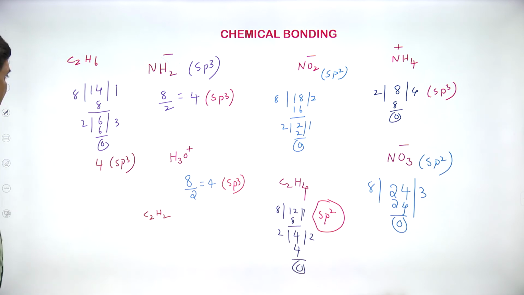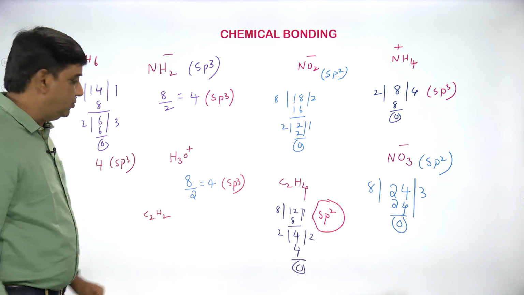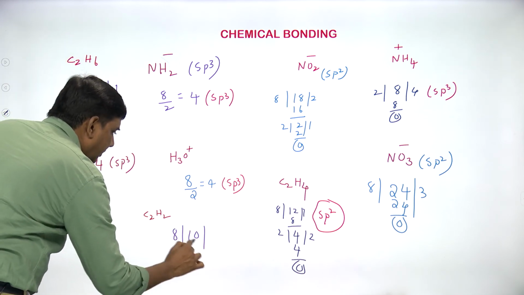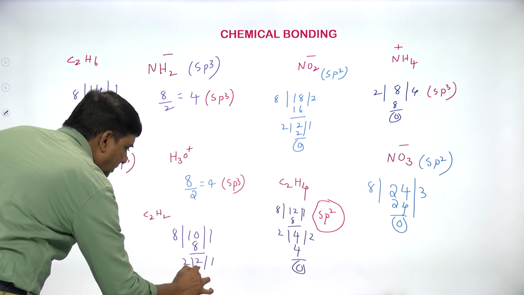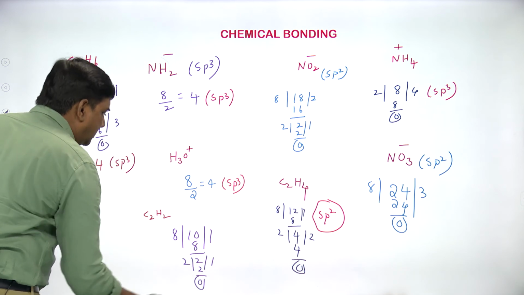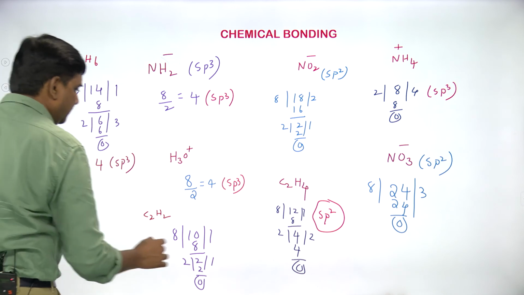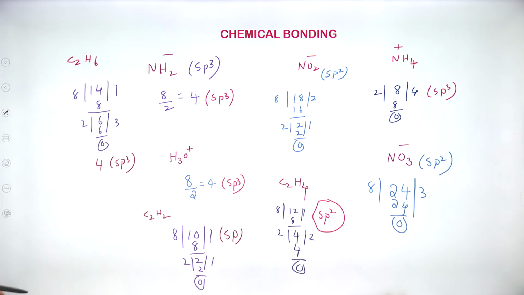C2H2. How do you calculate? 2 carbons 8 plus 2, 10. 10 means 8 ones are 8, 2, and 2 ones are 2, 0. 1 plus 1, 2 means sp hybridization. Like this.